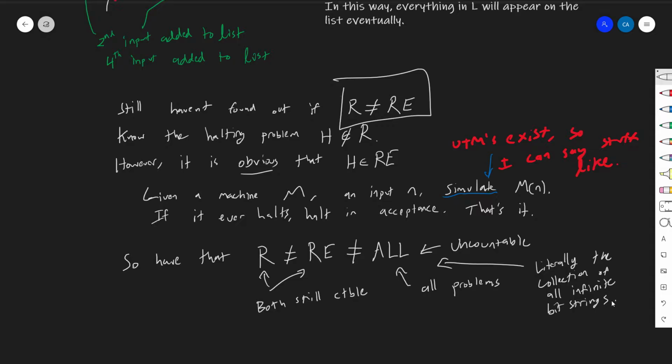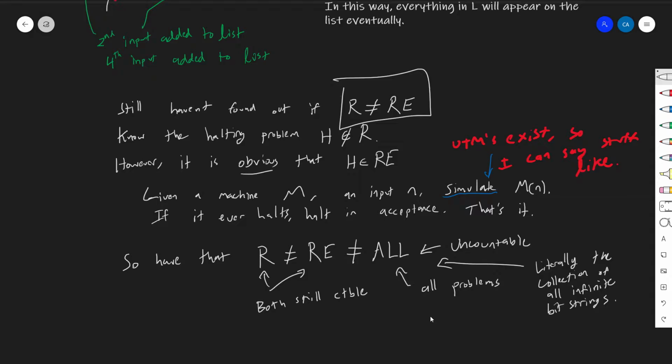That's something I should probably also reiterate, that yes, I do go back and forth between talking about decision problems as if they are sets of strings and as infinite bit strings. I just think of them interchangeably because they are interchangeable. But in a sense, the collection of all problems is literally the collection of all infinite bit strings, and that is very uncountable. And so these are countable sets. This is uncountable. So these are certainly not equal to this. So none of these classes I defined before are equal to each other.